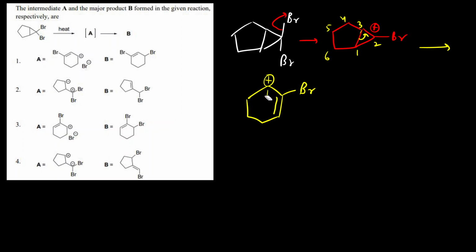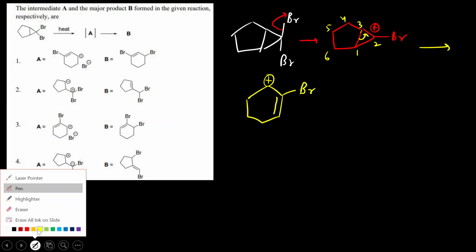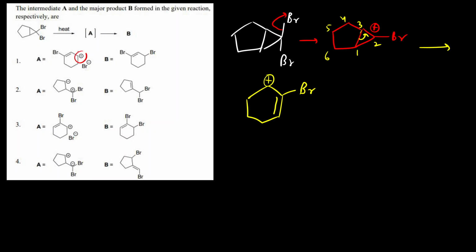This is the intermediate that will be formed. We have a 6-membered ring, positive charge, then the carbon having Br, then the double bond. So this is the correct answer. The third option is the correct answer.